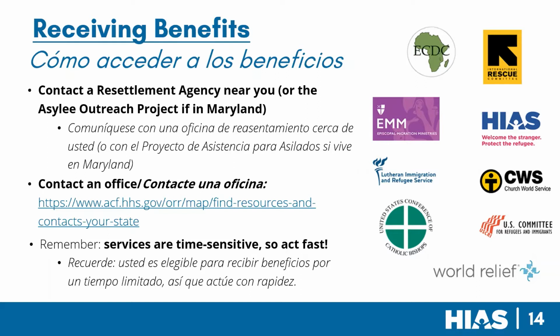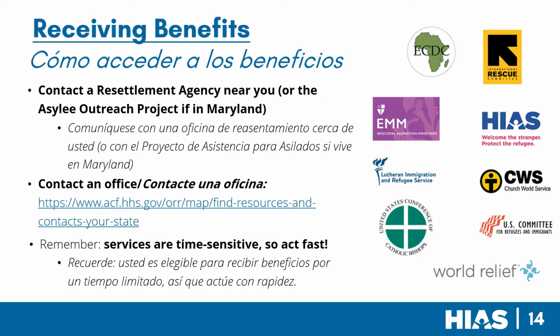If you're not sure where the resettlement office nearest you is, you can always visit the Department of Health and Human Services webpage, linked on the screen, to see a comprehensive list of resettlement agencies in your state and in your area within your state.